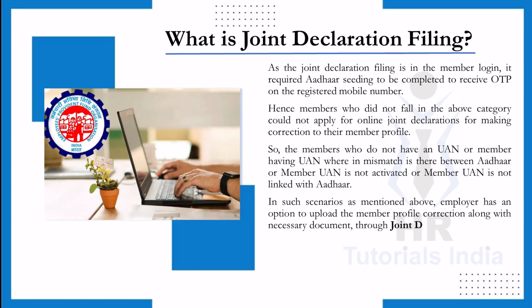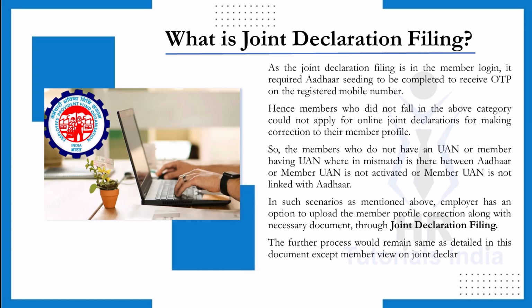In such a scenario, as mentioned above, the employer has an option to upload the member profile correction along with necessary documents through joint declaration filing. The further process would remain the same as detailed in the document, except the member view on the joint declaration status. In simple words, joint declaration filing is the filing which is done by the employer, which I have already told you.